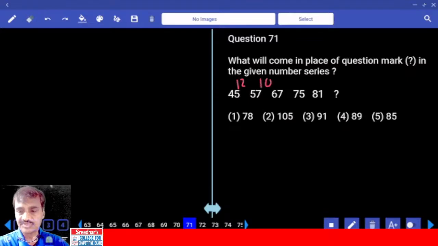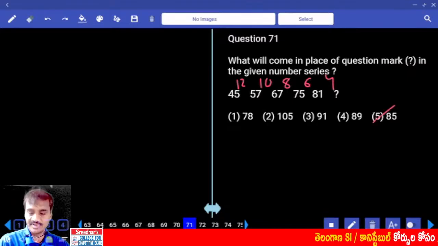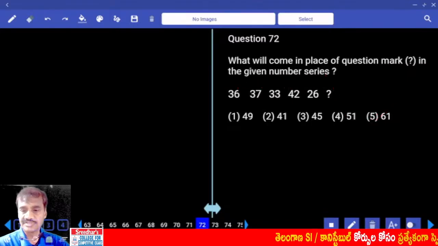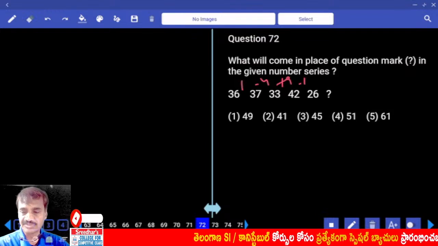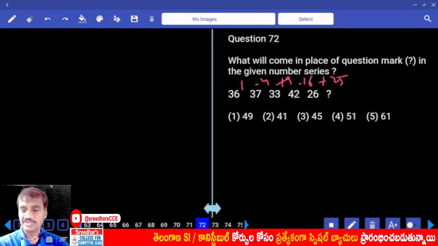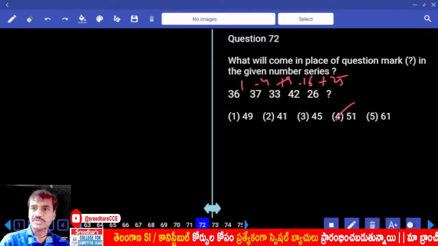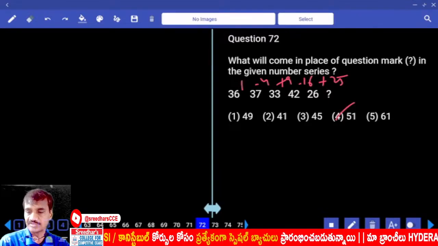Now here the difference is 10. Next one is 8. 12, 10, 8, 6, 4, so 85, choice 5. Then next one is 72. 36, 37: the difference is plus 1, minus 4, plus 9, minus 16, plus 25. 26 plus 25 is 51, choice 4. Squares are added and subtracted.